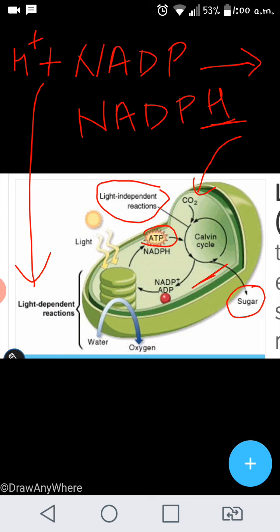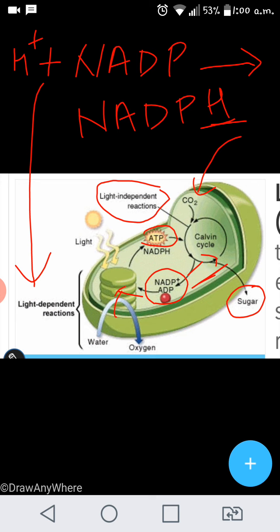Sugar. Sugar is nothing but what over here? Glucose. The whole process is going to take place in a series of steps. Finally, the glucose is converted into starch. Now, as you can see over here, ADP and NADP which are formed in the dark reaction will go back again to the light reaction.